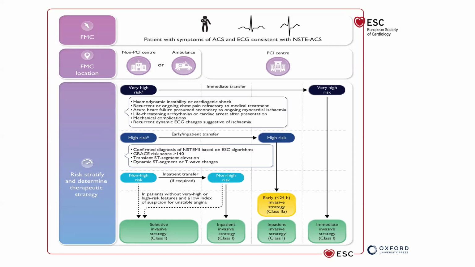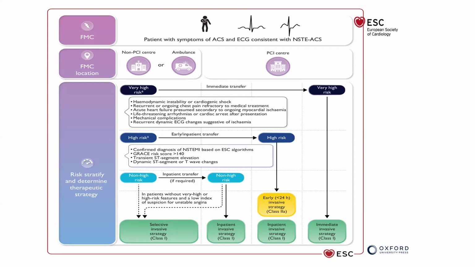That patient requires an immediate invasive strategy, which is coronary angiography and PCI if the obstruction is amenable to PCI. So within 2 hours, that patient needs to get to the cath lab.